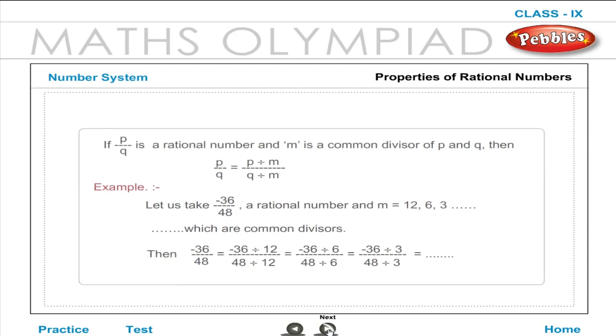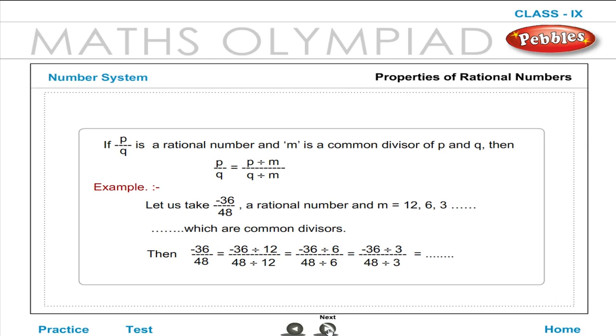If p by q is a rational number and m is a common divisor of p and q, then p by q is equal to p divided by m by q divided by m. Example: let us take -36 by 48, a rational number, and m equal to 12, 6, 3 and so on, which are common divisors.